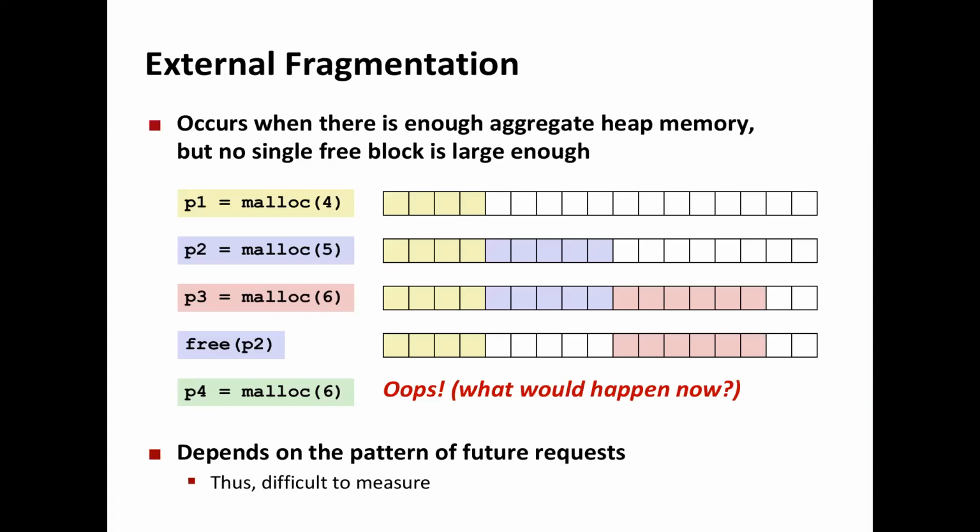Perhaps if I knew that 6 bytes were going to come later, I would have arranged the allocation differently, but it's too late at this point. Therefore, it's difficult to measure because it depends on the pattern of future requests, and we cannot predict the future. External fragmentation depends on the application, but in general it is a bigger issue than internal fragmentation.